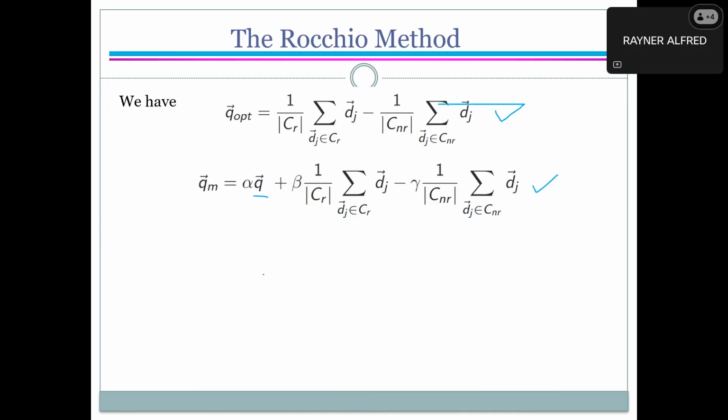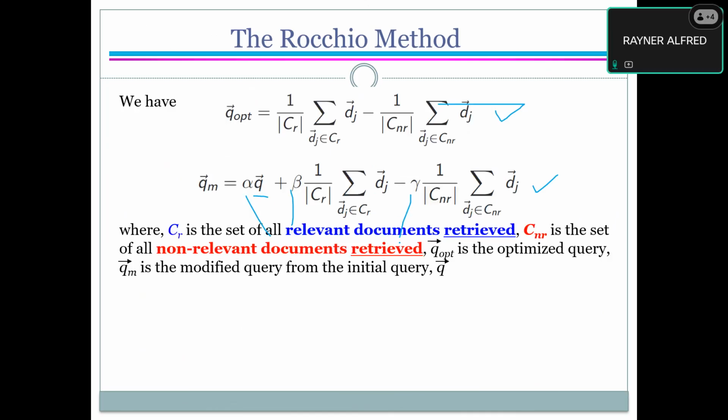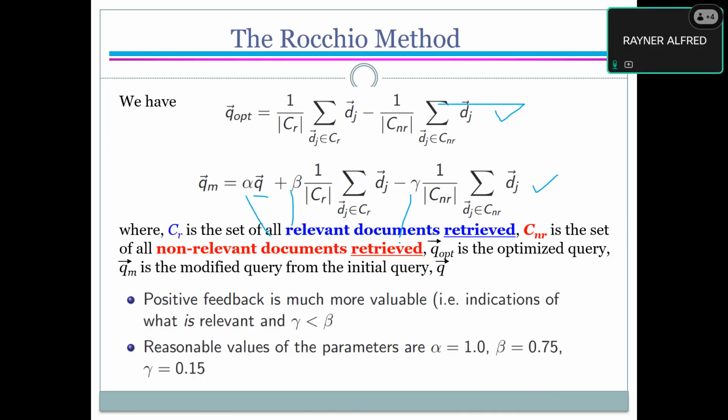So we have a scalar here, and the values are standardized: for the alpha it will be 1, beta will be 0.75, and this is gamma, I think, 0.15. So they have the constant value here. So we don't have to worry about this value.